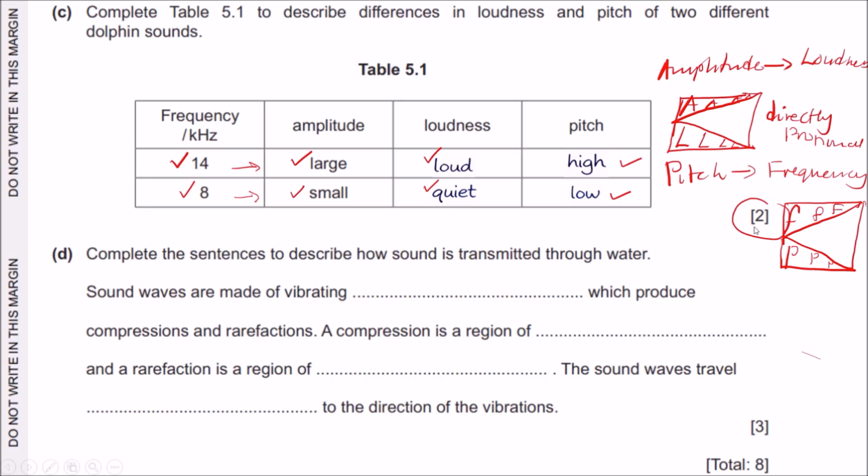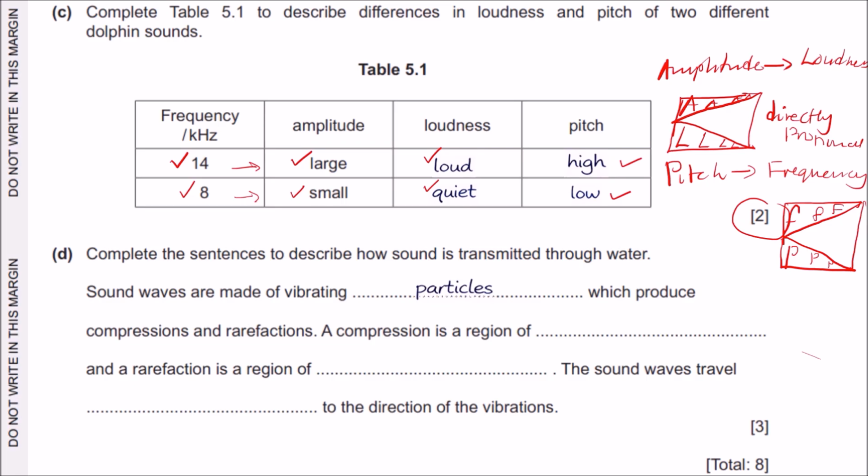Part D. Complete the sentence to describe how sound is transmitted through water. Sound waves are made of vibrating particles. Why? We introduce vibrations to a medium to produce sound. A medium is anything with particles, with matter. So the sound waves are made of vibrating particles which produce compressions and rarefactions.